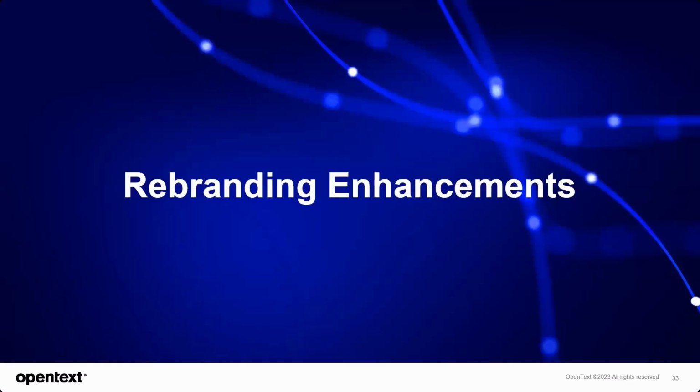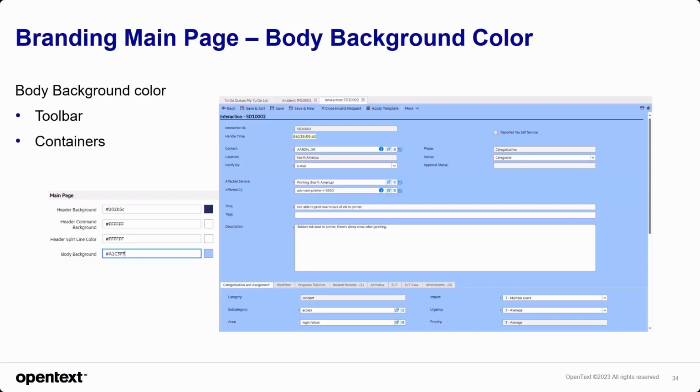Beyond the OpenText UX rebranding alignment, we also made some improvements around the Service Manager rebranding capability. Previously, we didn't support branding for the main page, and in Service Manager 9.80 we make it available. Customers can define the body background colors and the primary colors for the main page.